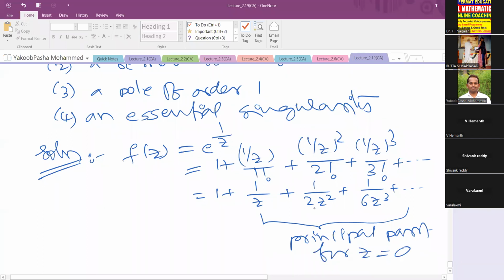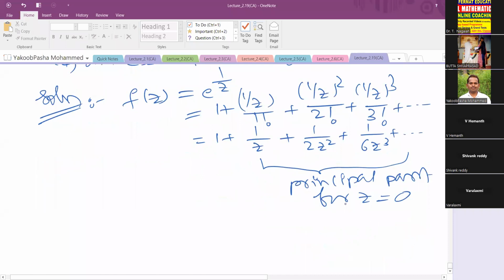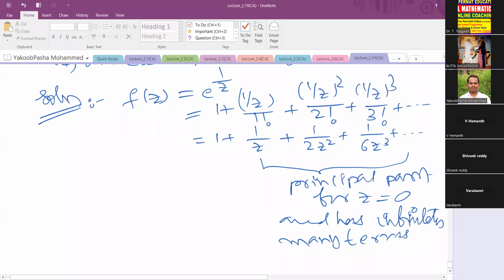At z equal to 0, this function is not defined. So the principal part has infinitely many terms, therefore z equal to 0 is an essential singularity.